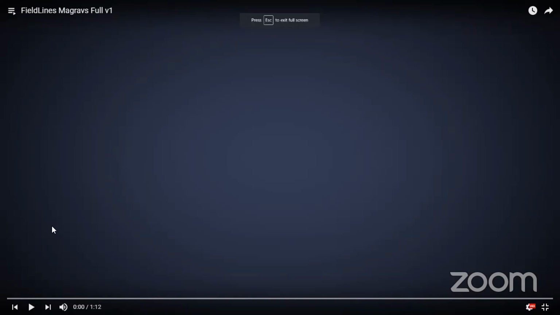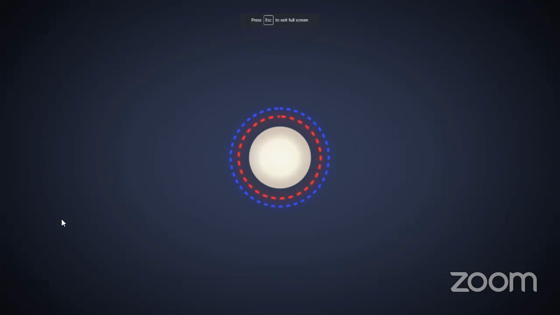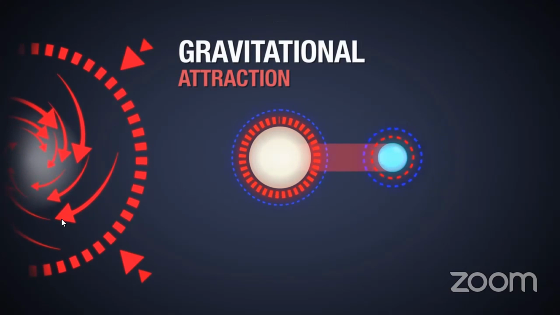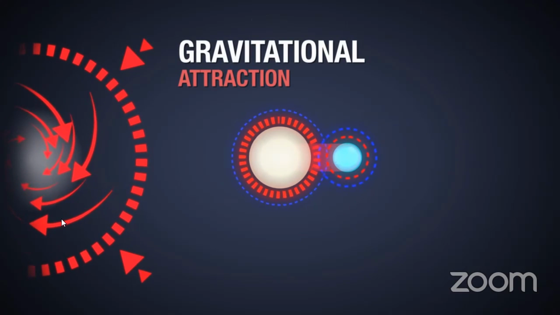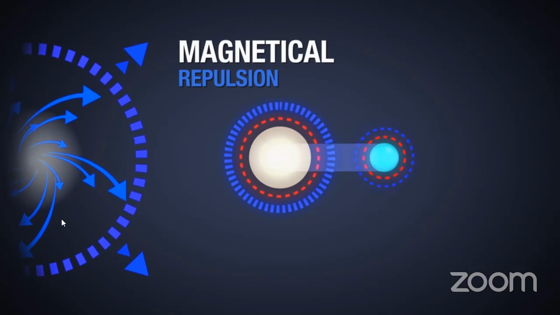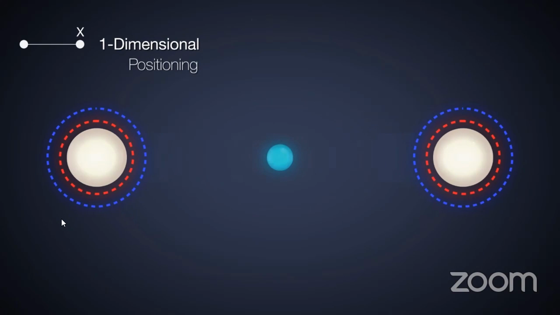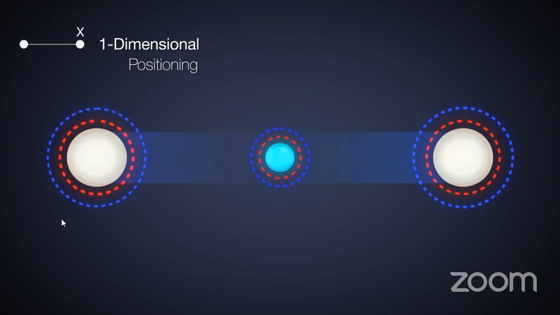Okay, first one's called Field Lines or Magravs. And this is off our animation series in our YouTube channel. Showing really quickly about magnetic gravitational in the different positioning of how that happens.